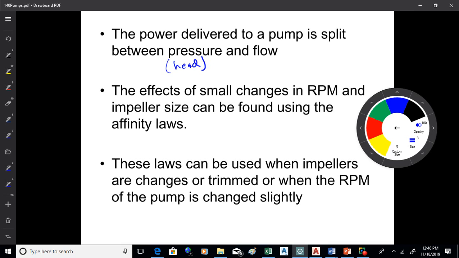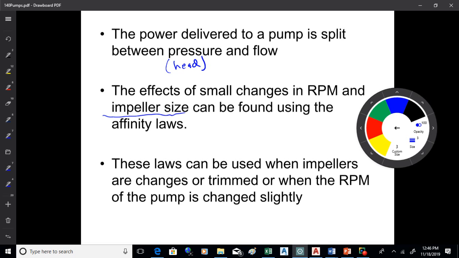Now, a lot of pumps these days have things like variable speed drives on them where you can change the characteristics of the pump. But if you don't have that, the one thing you can change your pump around with is the size of the impeller. You can grind the impeller down a little bit or purchase a different impeller to put in your pump.